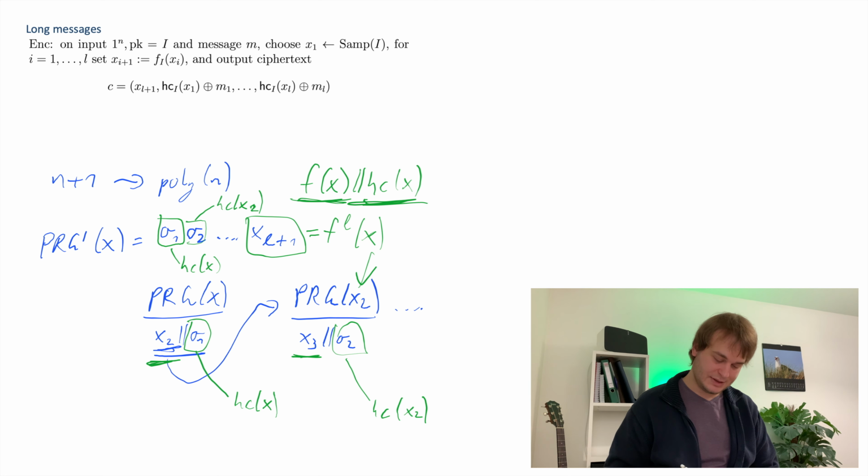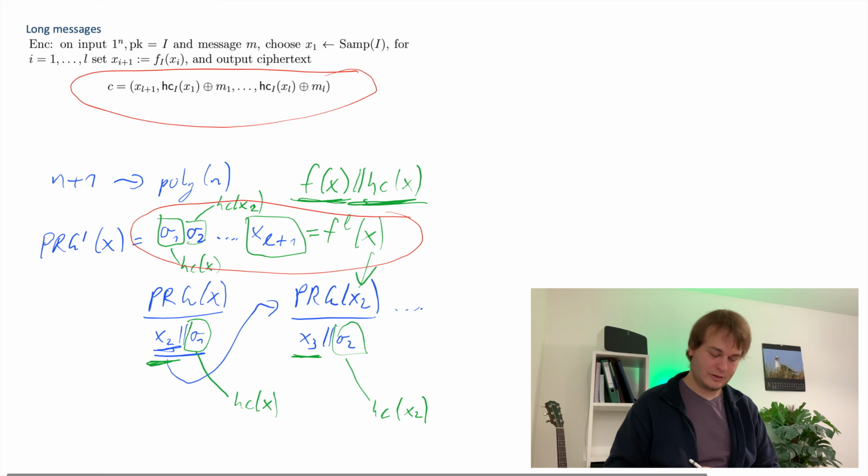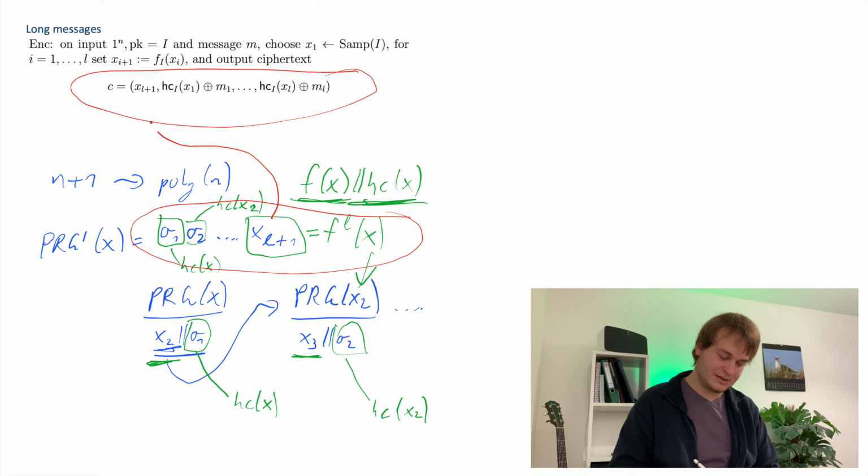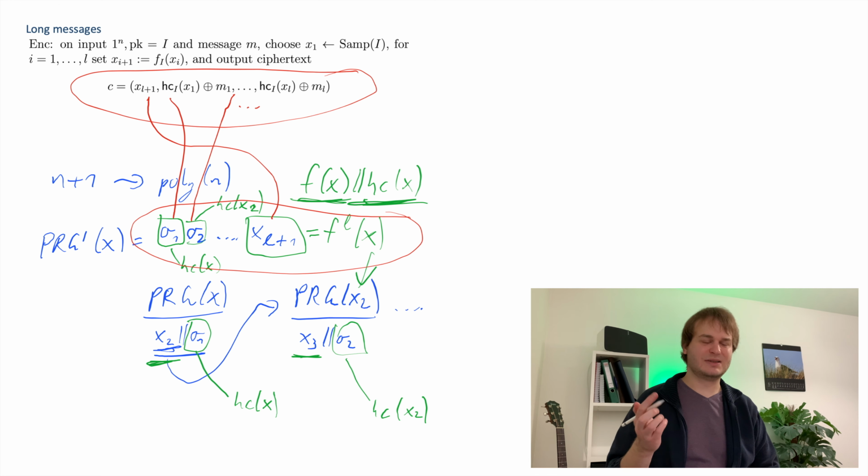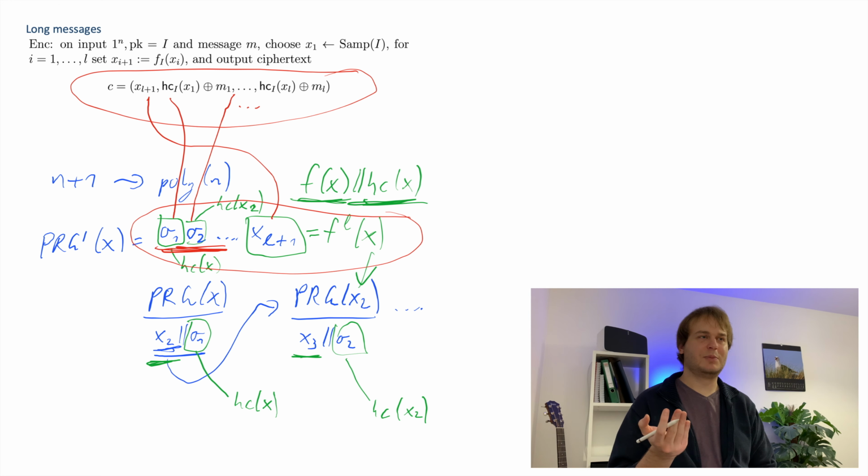So now if we look at this, and we look at this encryption scheme here, we see that this exactly maps to pretty much the same thing. So basically we took this PRG value and we used this part of the PRG value to just XOR with the message. So then kind of the same argument that we had before holds here as well. In the CPA encryption game, the trapdoors don't play any role.